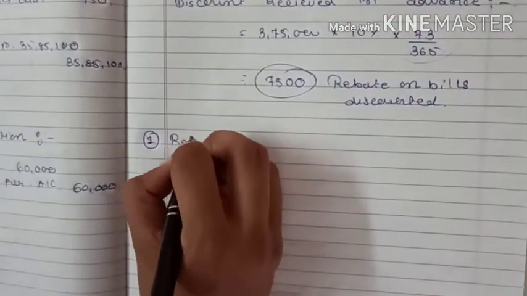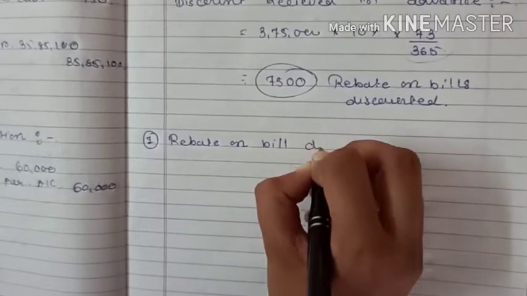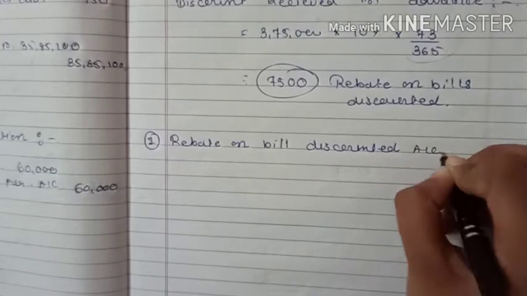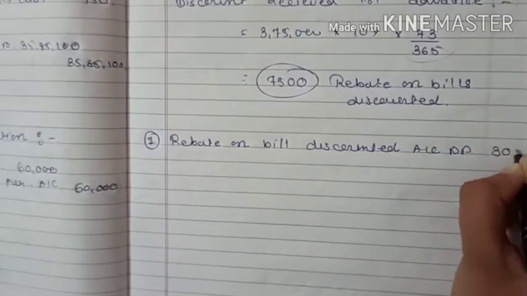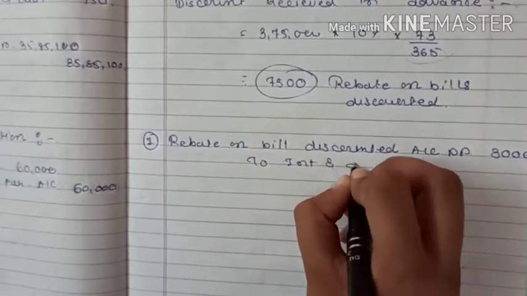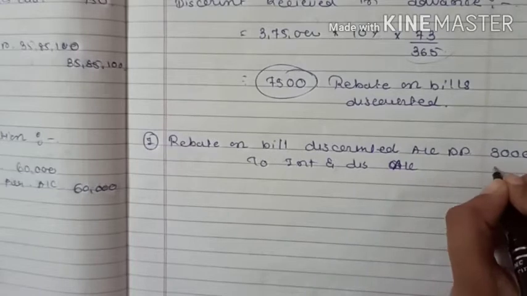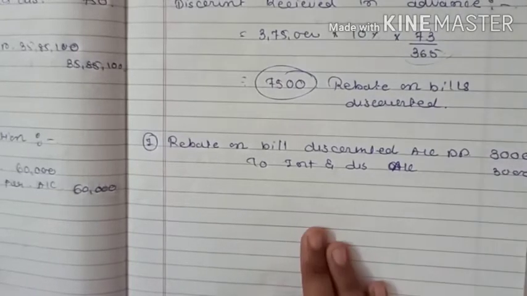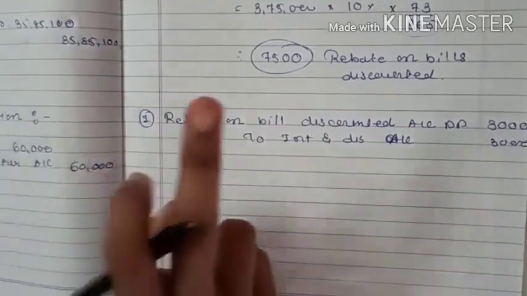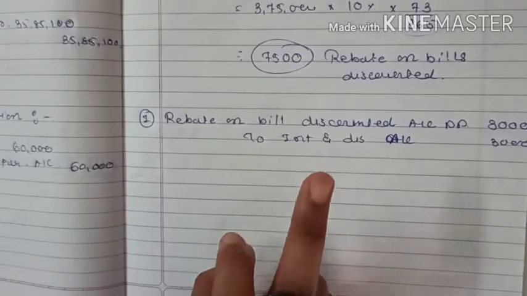So rebate on bill discounted account debit rupees 3,000, to interest and discount account credit 3,000 rupees.